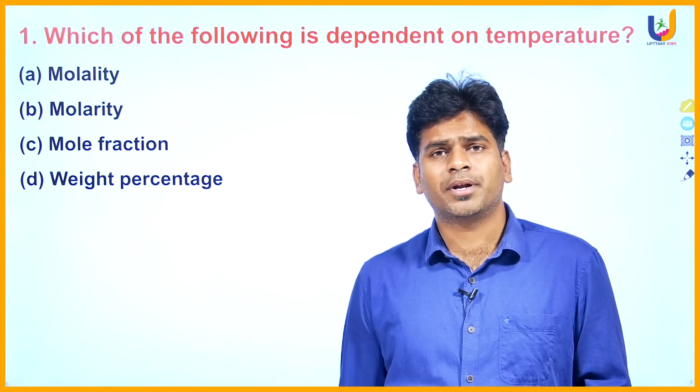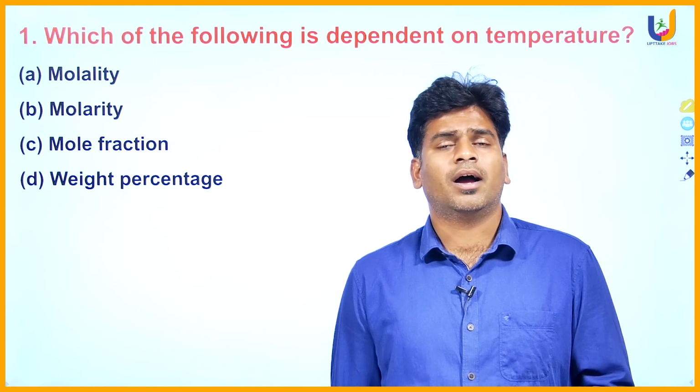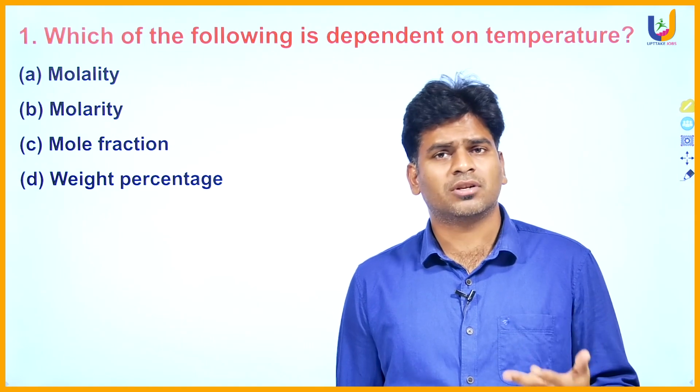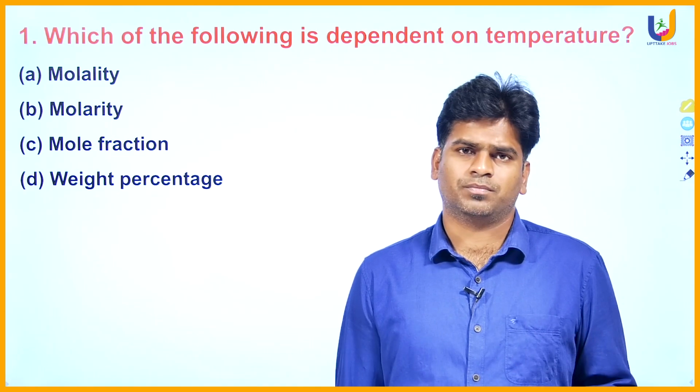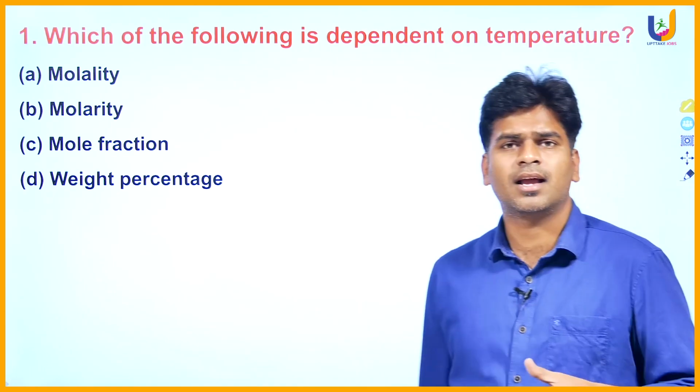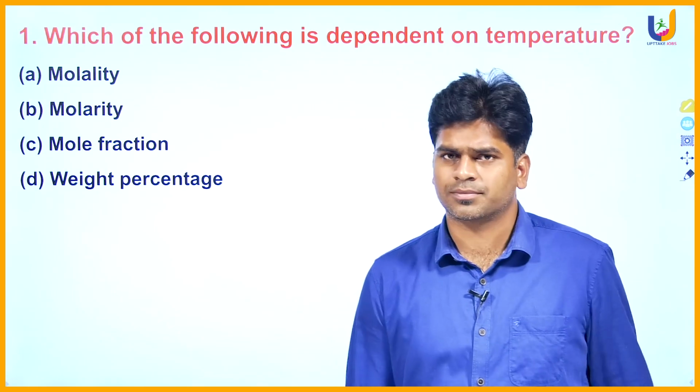And in the colligative properties, again, osmotic pressure, elevation in boiling point, depression in freezing point. These are all the things we need to know, then only can we clearly solve the questions.